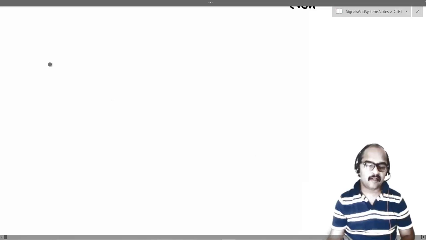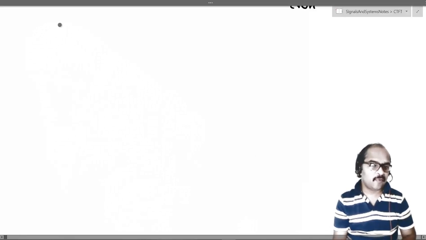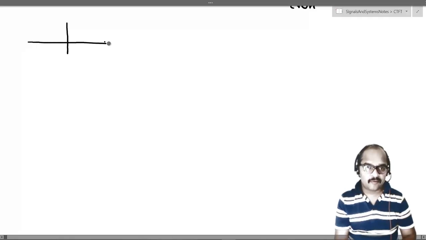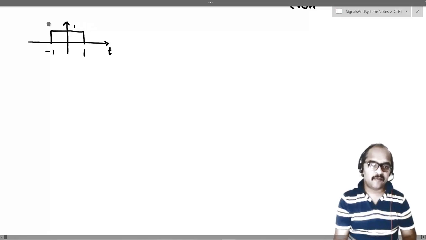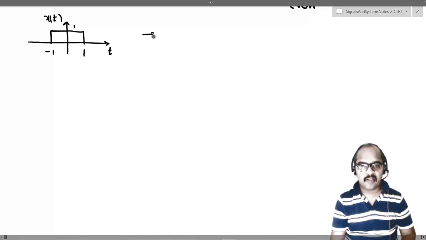Now you can take one more example. Let us take a rectangular function. If you take the signal to be a rectangular function from -1 to +1 with amplitude 1, is this even? Yes. So definitely, the Fourier transform, we know that to be 2 sine omega T, capital T is 1, and hence you get 2 sine omega by omega.